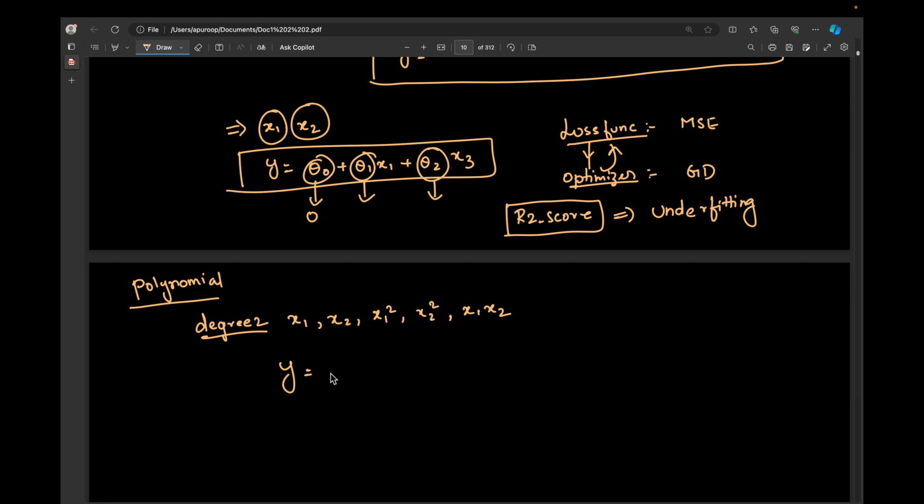And the corresponding hypothesis will be theta naught plus theta 1 x1, theta 2 x2, theta 3 x1 square, theta 4 x2 square, theta 5 x1 x2. Like that, when I have multiple features, I can do polynomial regression. So I hope this is clear for everyone. If you have any doubts, you can comment down in the comment section. Now let's go to code.